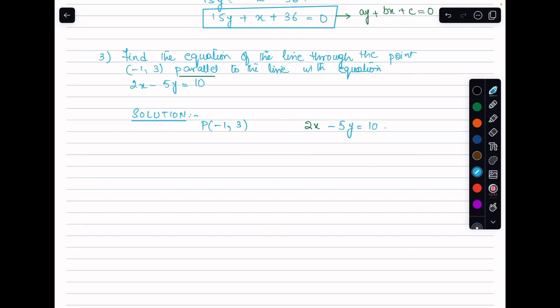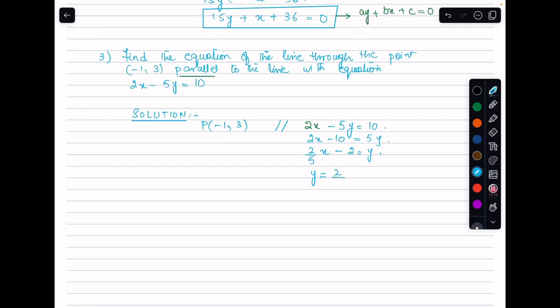The line is actually parallel to this line, and for parallel lines we know that the gradient is the same. So from the line equation that is given to us, I can say that this is 2x minus 10 equals 5y. Or I can say it's 2 by 5x minus 10 by 5, which gives me 2. This equals y here.